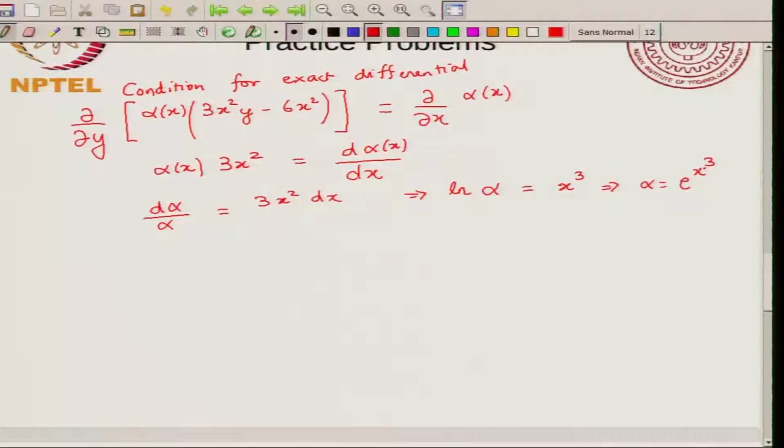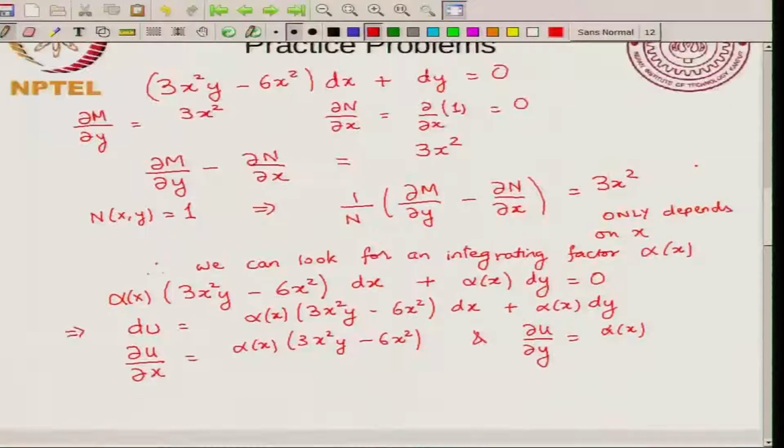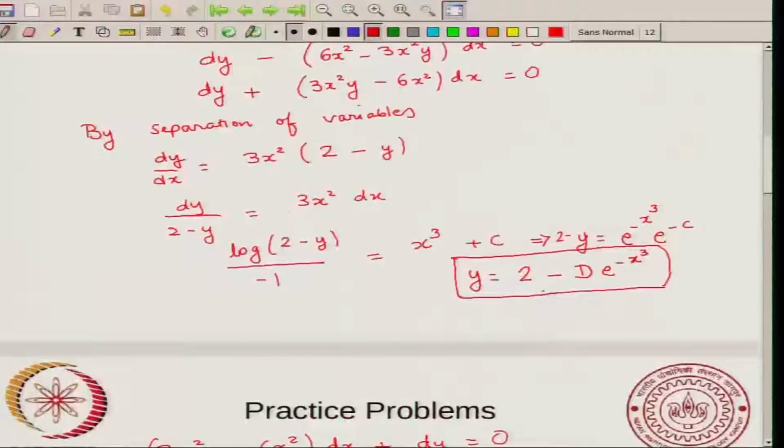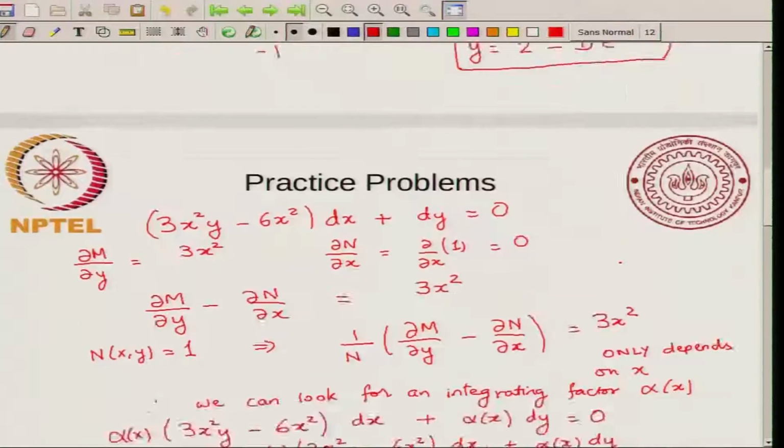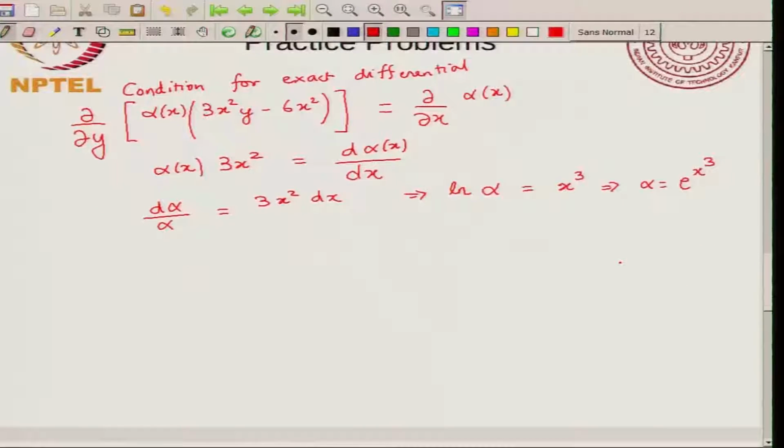I am not writing the constant of integration, that will not be necessary here. So, alpha equal to e raised to x cube, and you recall here we had this factor of e raised to minus x cube in the actual solution, and we will quickly see how this will also give the same result.